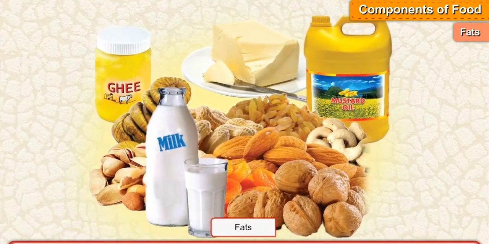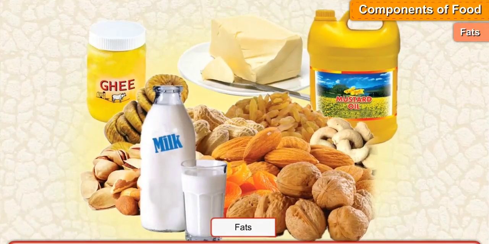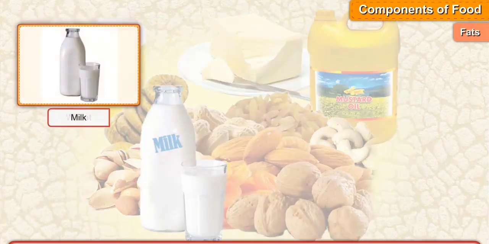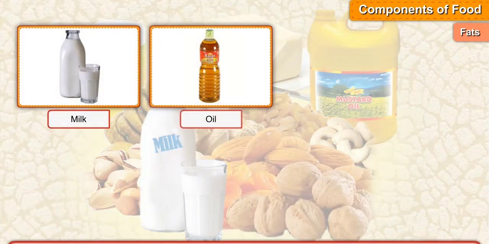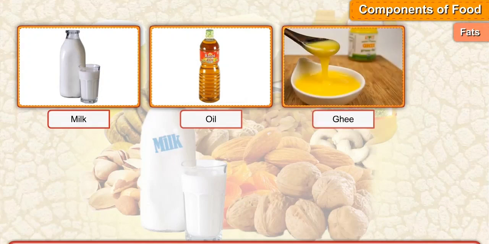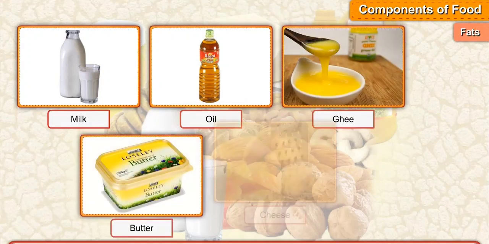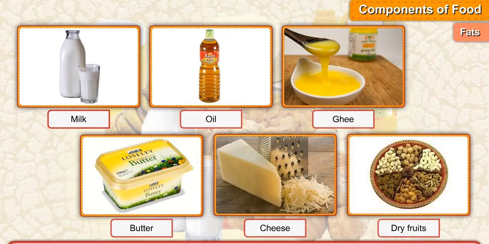Fats give more energy than carbohydrates. Milk, oil, ghee, butter, cheese, and dry fruits are some sources of fats. Excessive intake of fatty foods can cause obesity.